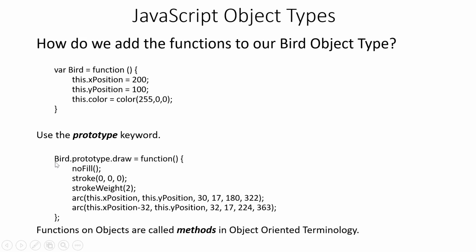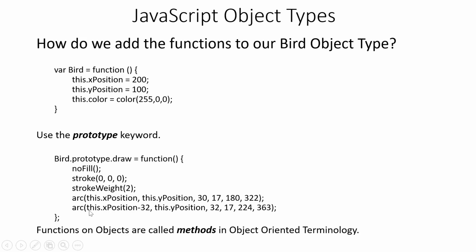So we start out with the name of our object type, and up here we defined our object type to be Bird. And so we start with Bird, say on the Bird, create a prototype called draw. And that draw is going to be a function. And then this code is just what draws the bird. It's just our arcs that give us the bird shape.